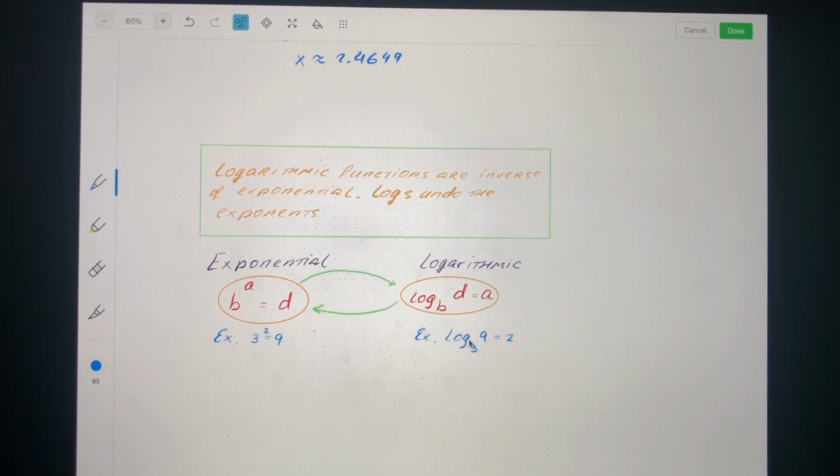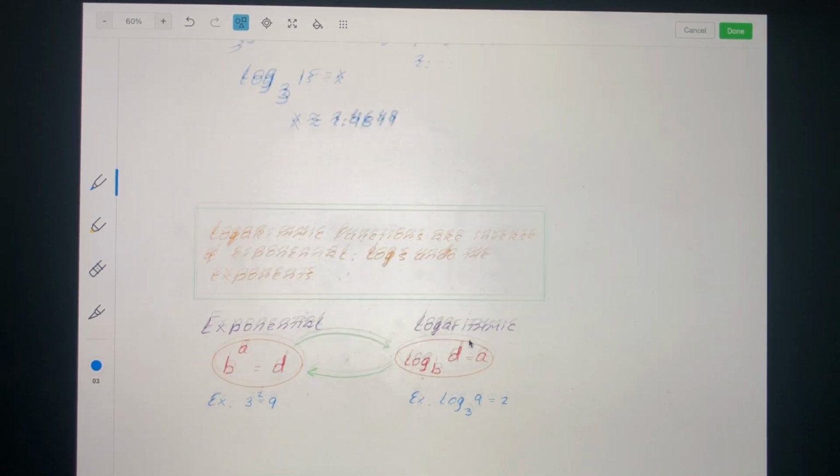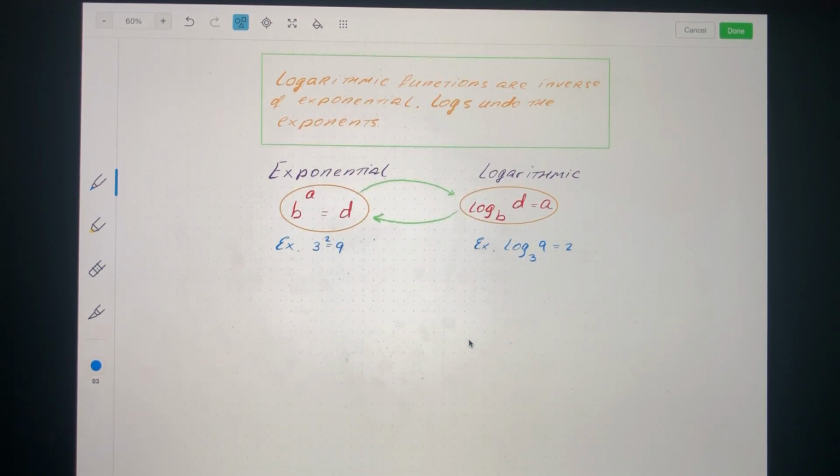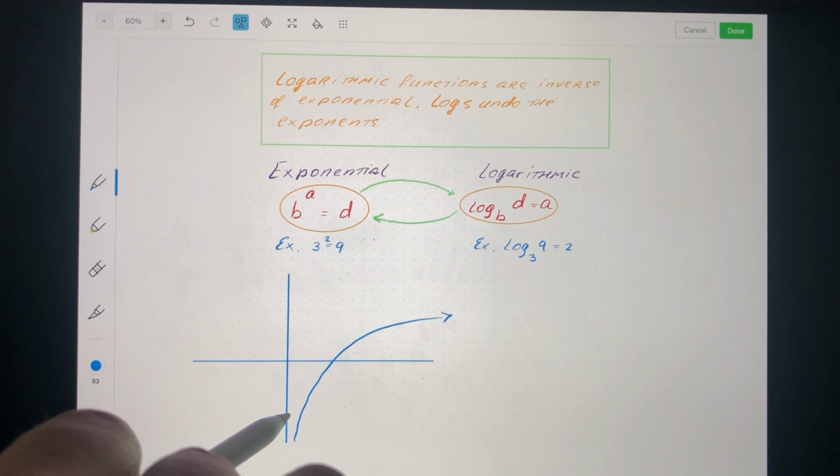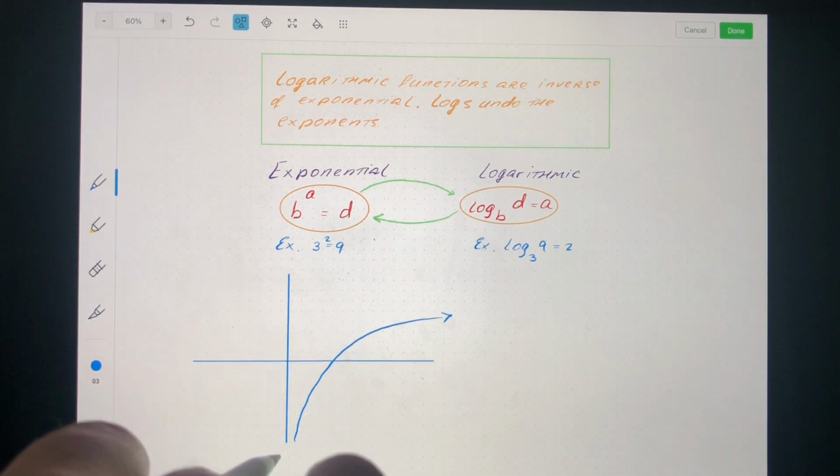Now, all of the logarithms, when we make a sketch of them, they all have a very particular look to them. They all look something like this. And that's important because we notice that this curve will never cross over the y-axis.